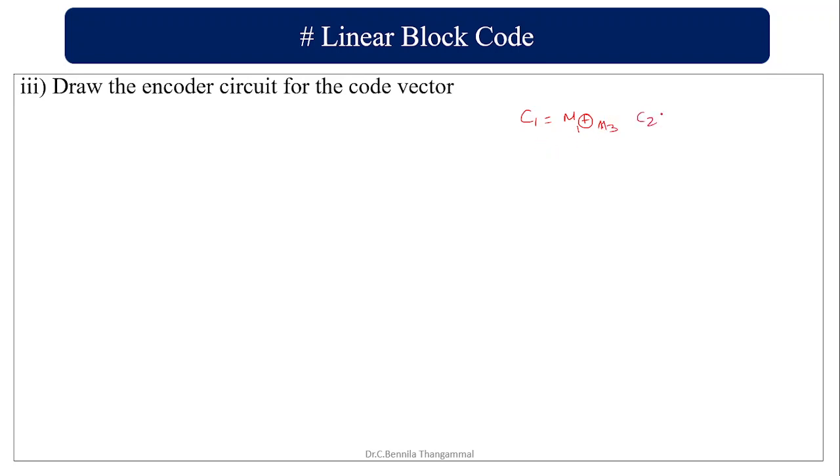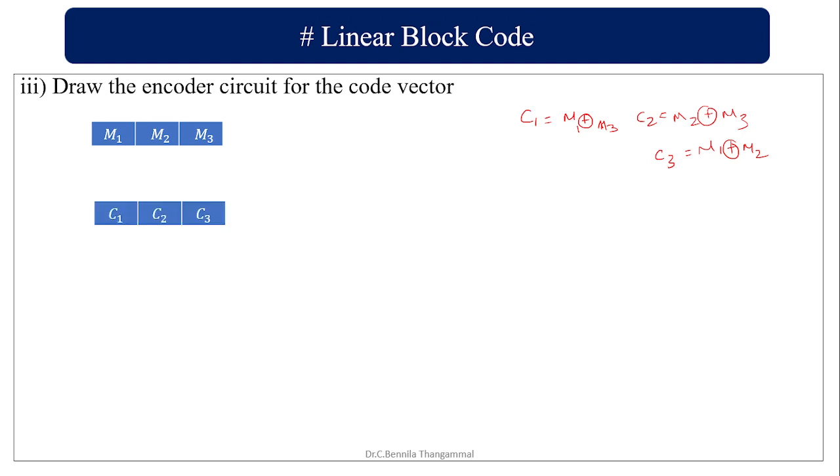C2 is going to be M2 modulo addition M3. And then C3 is going to be M1 modulo addition M2. So we have your message vector M1, M2, M3. The check bits are C1, C2, C3.